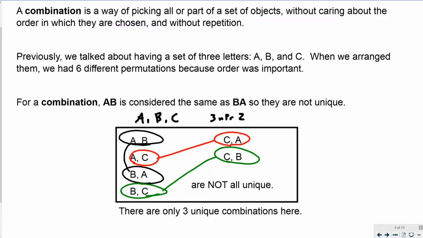Because of how combinations are structured, AB and BA are the same exact combination, even though they are different permutations. So AC and CA are the same combination, and BC and CB are the same combination, despite being different permutations. So there are only 3 unique combinations here.